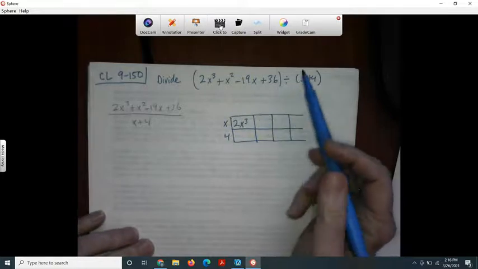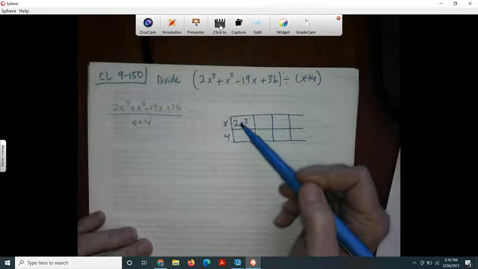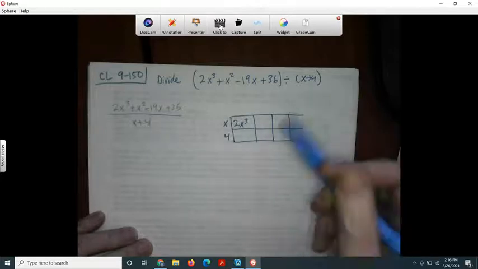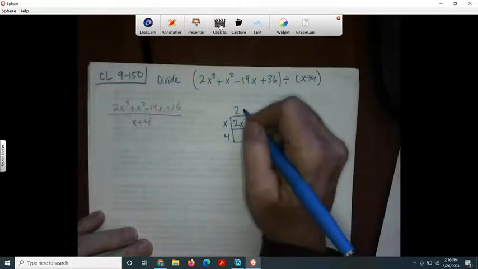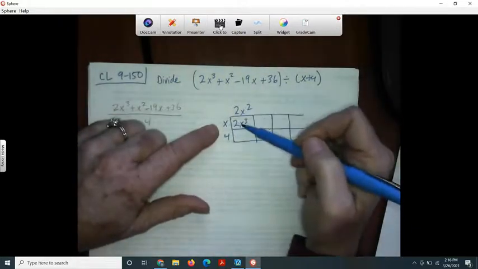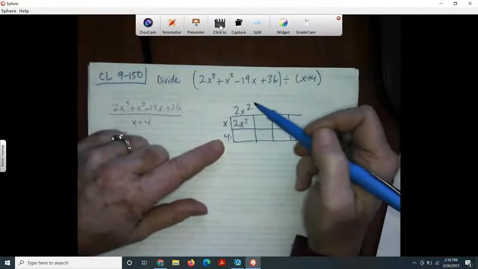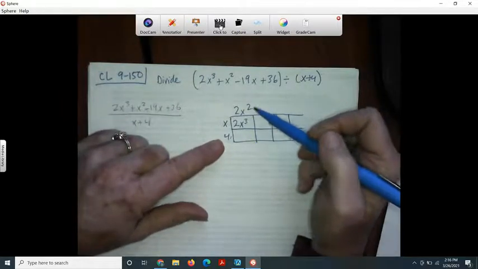The way you do it is you ask, x times what would give me what's inside this box? I'd have to multiply x by 2x squared. Now I've got an area model: this times this equals what's in the box. And 4 times 2x squared would be 8x squared.